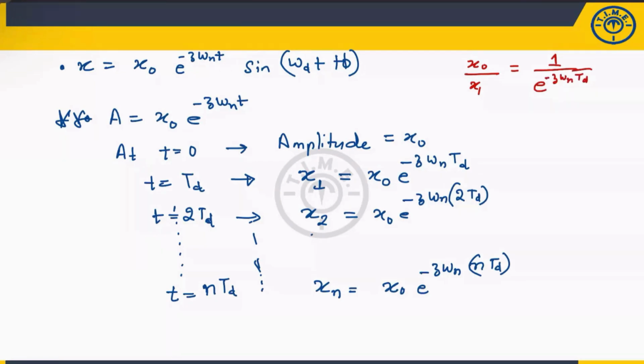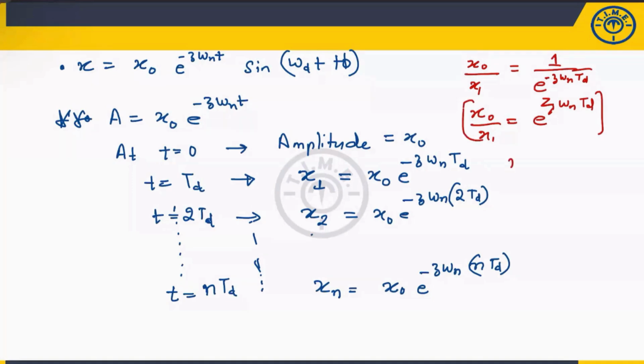Yes or no? Because x naught divided by x1, the x naught cancels out, and you get 1 by e to the power of minus zeta omega n td. Or I can write x naught by x1 is e to the power of zeta omega n td.